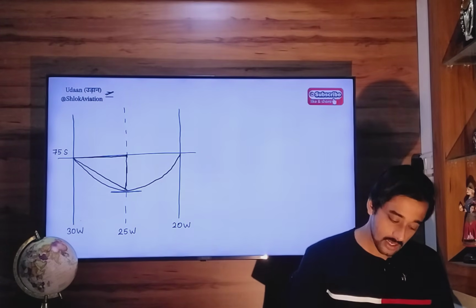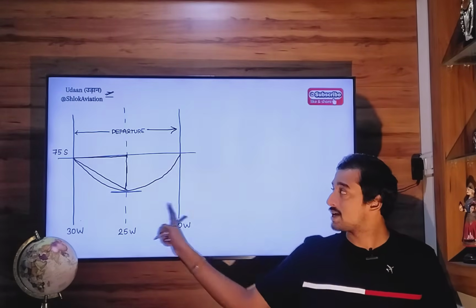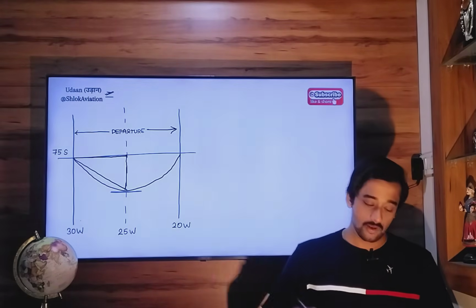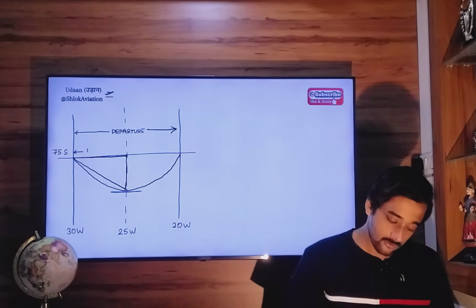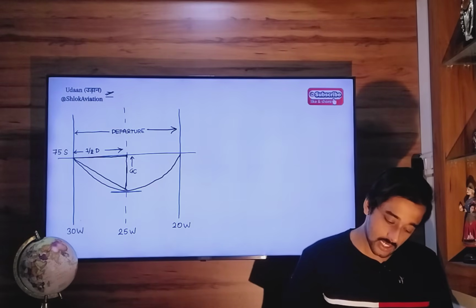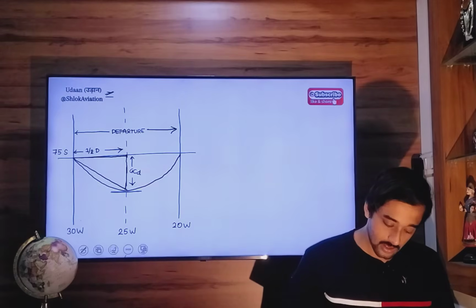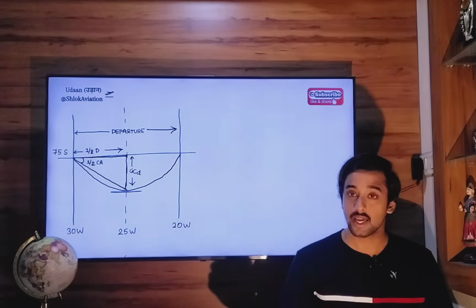This thing is your departure, rhumb line distance between the meridians 30 west and 20 west. Half of that departure will be this side of the triangle. This will be your great circle distance, and this angle will be equal to half of convergency angle. Okay.